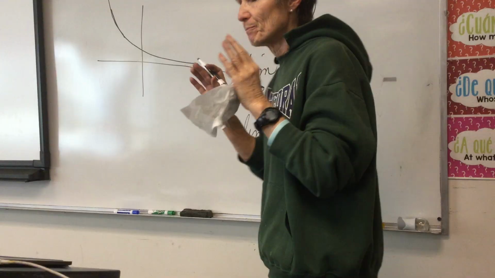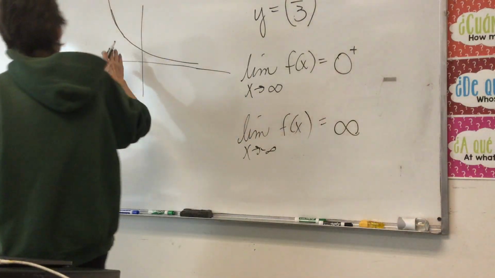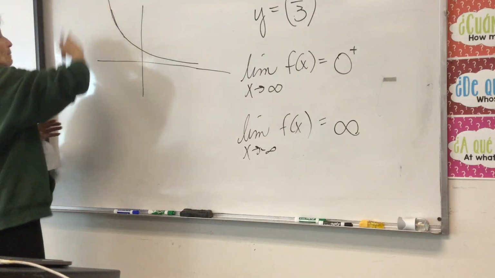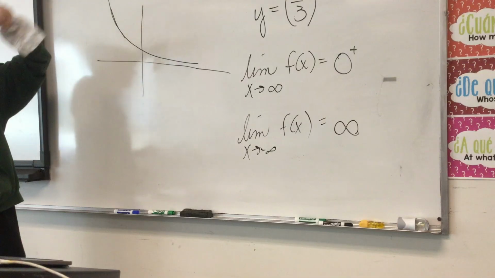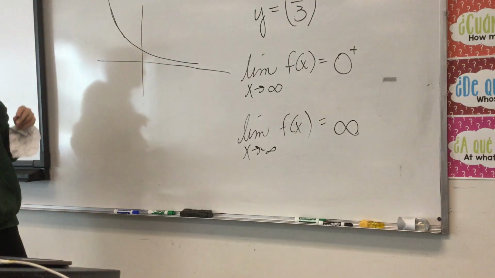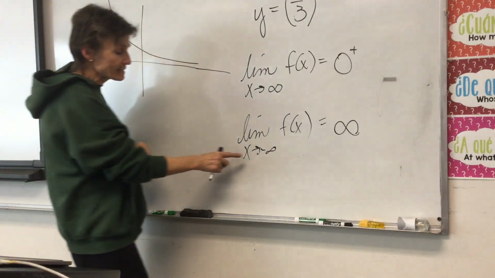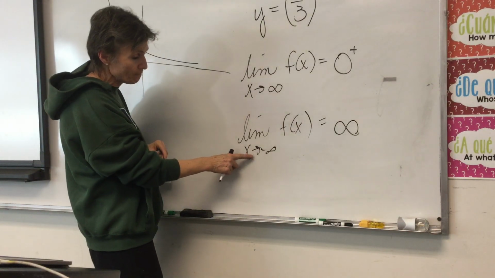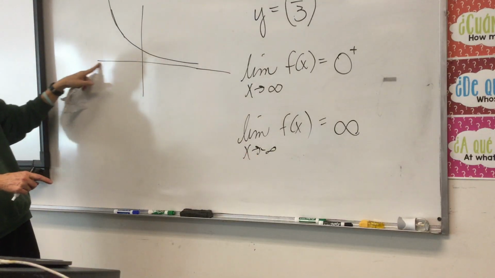Don't try to memorize something. Just look at the picture and describe what the picture's doing. It's going up forever, bigger and bigger positive. There's no negative involved in that. Now, there is down here in the notation, because x is going to the left.